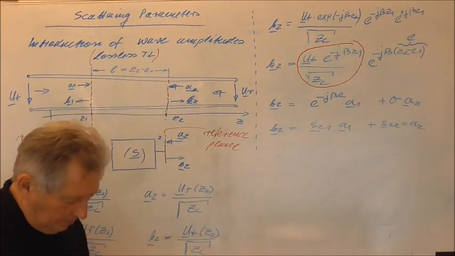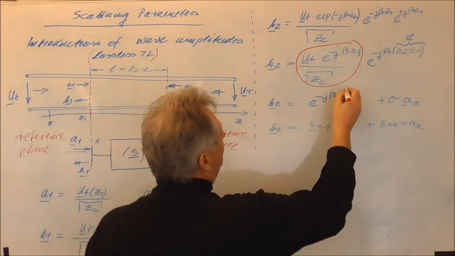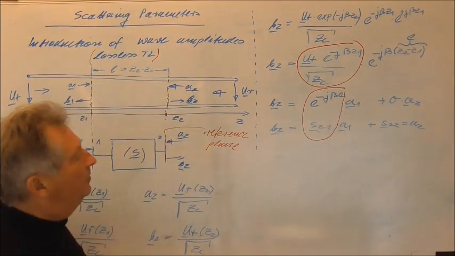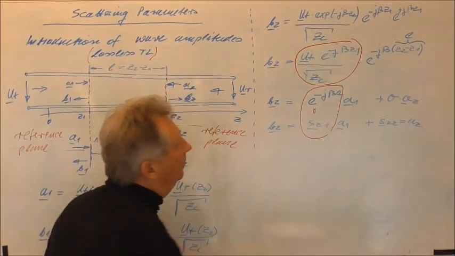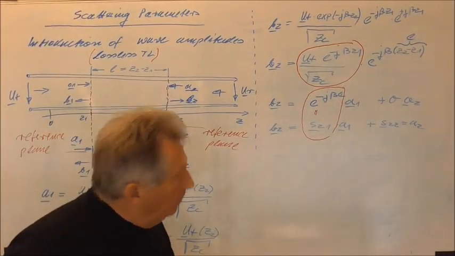So we see that in our case the parameter S21 is described by this equation, and in our case S22 of the transmission line is 0.